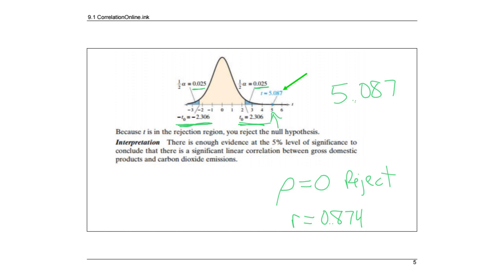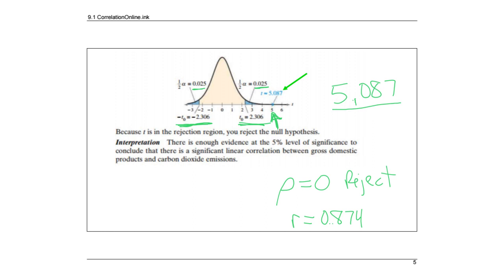Now, the value that came from my data, that we found on the other page, was 5.087. Well, that's way over here, so that is definitely in the rejection region. But what we have to be careful of is that we're rejecting that there's no correlation. We're rejecting that the population R, or rho, is equal to 0.